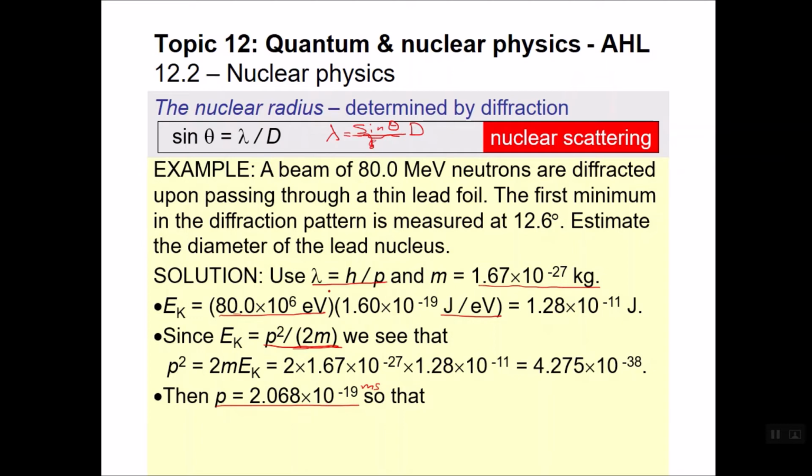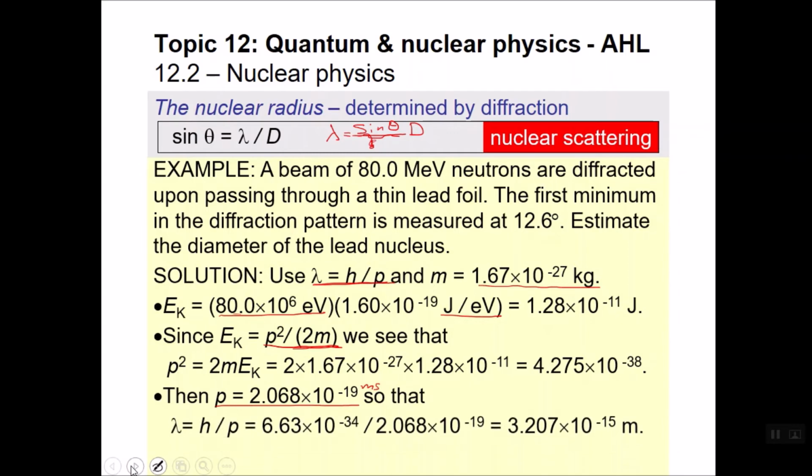And then we can substitute that in up here. We know Planck's constant. We've calculated the momentum. And so all we have to do is divide. Planck's constant divided by our momentum gives us a wavelength of 3.207 times 10 to the minus 15th meters.